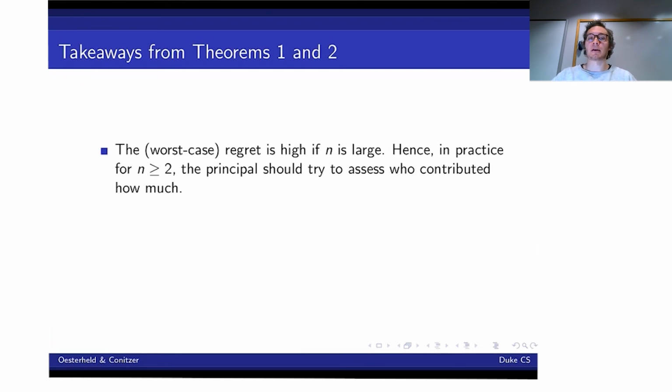But given that the regret bound is so bad, we might imagine that in practice, the principal really should do something like this, or should do other stuff to avoid this worst case regret approach. This is in this particular setting, where all possible configurations of available evidence are possible.